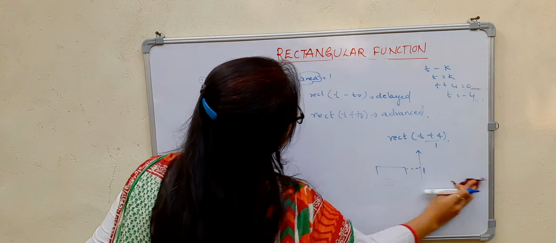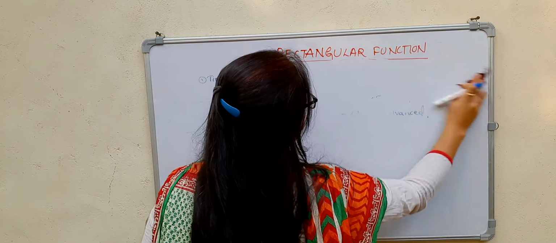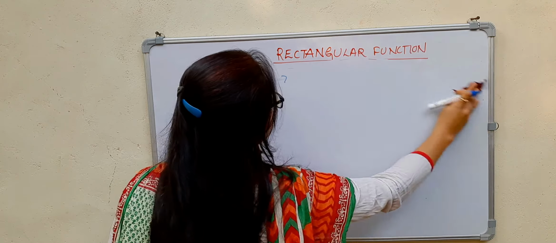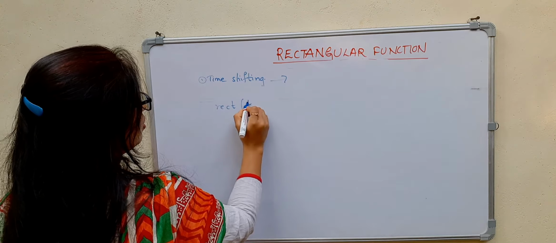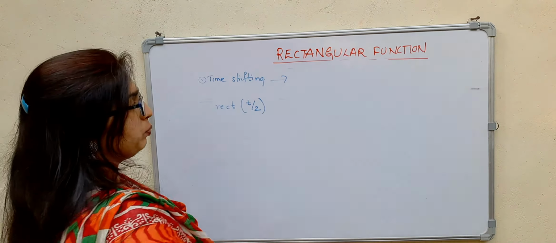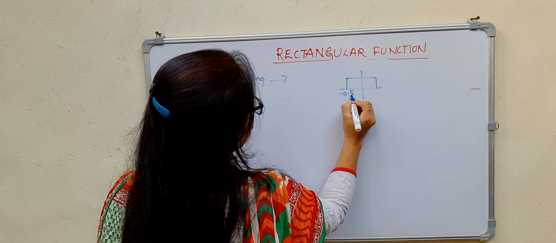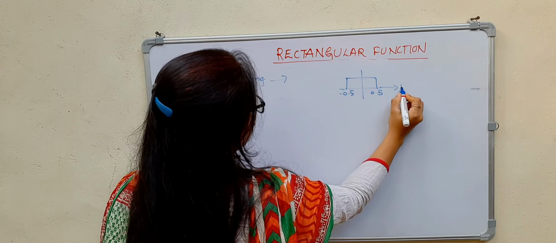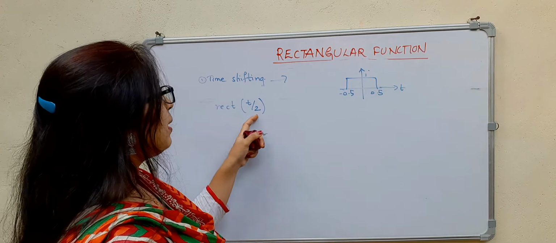Next comes time scaling. If I have rectangular t by 2, you know this is your rectangular function, t by 2 here.